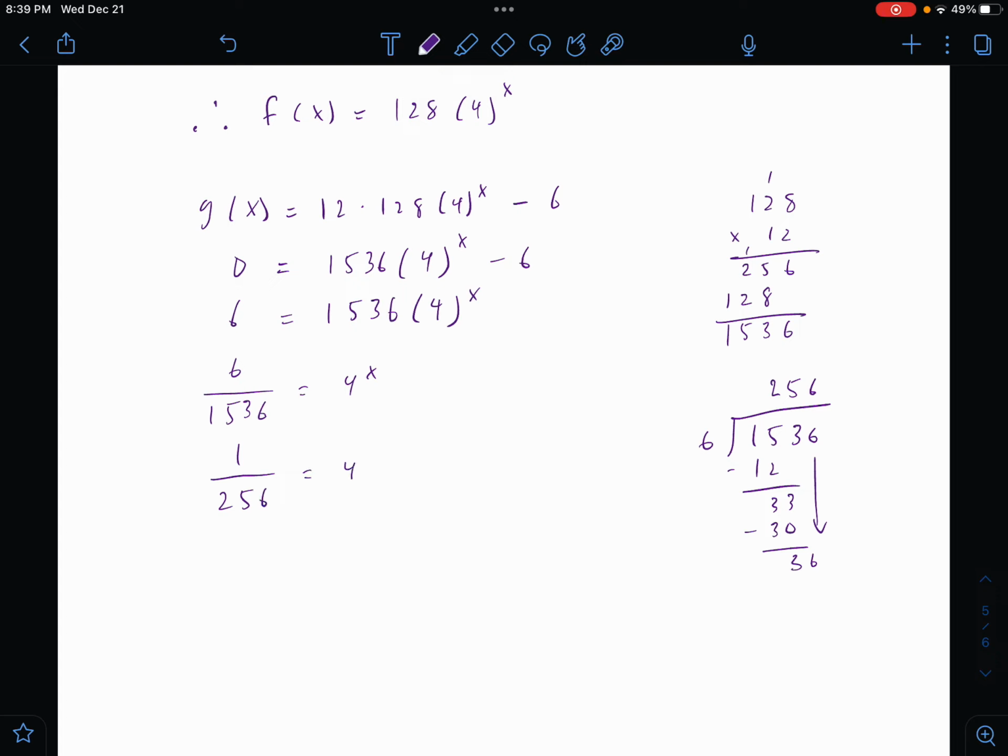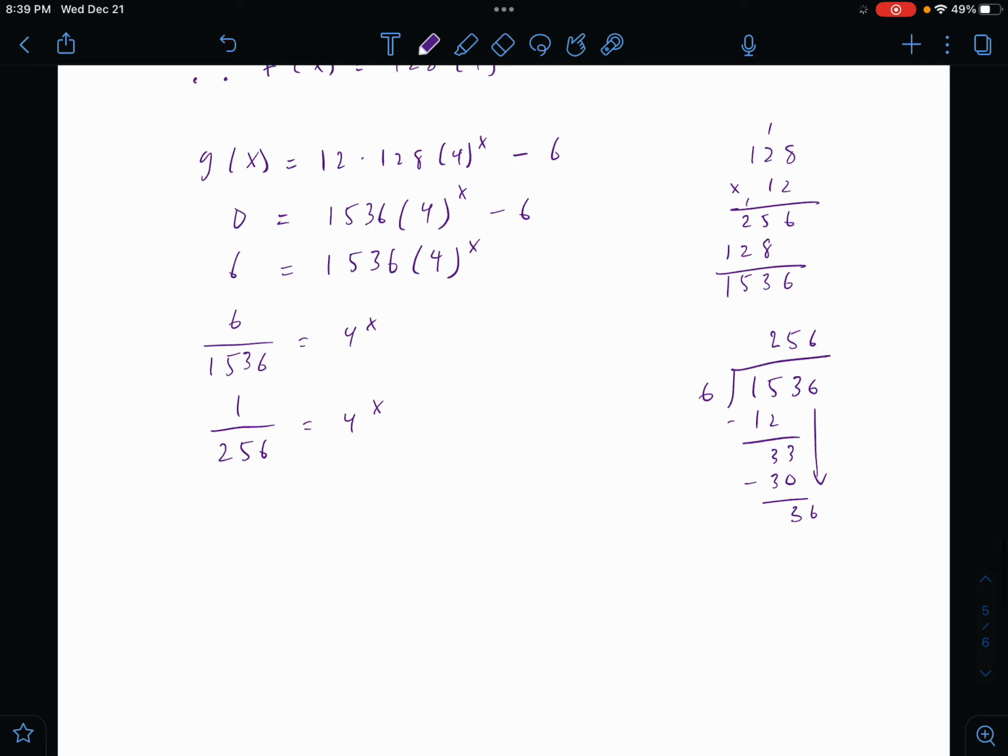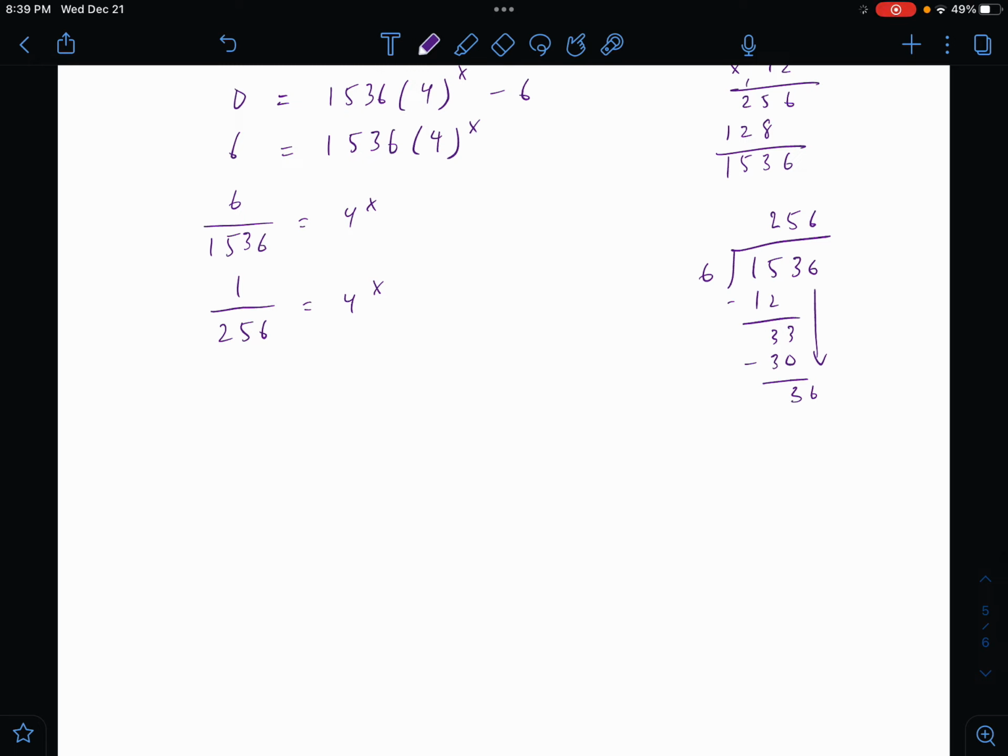is equal to 4 to the exponent of x. Now, 4 to the exponent of 4 should be 256. So we write this as 1 over 4 to the exponent of 4 is equal to 4 to the exponent of x.